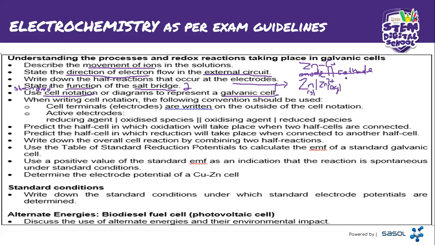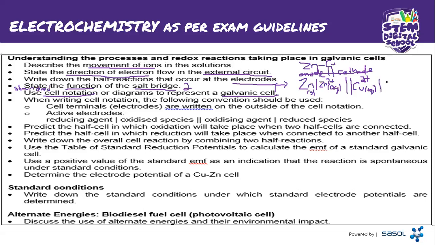We had oxidation. And then you put 2 parallel lines to show a salt bridge. Then you talk about what happens at the cathode. Remember, the copper 2+ ions from the electrolyte, meaning that was an aqueous solution, underwent reduction.